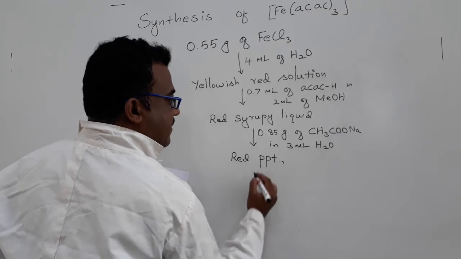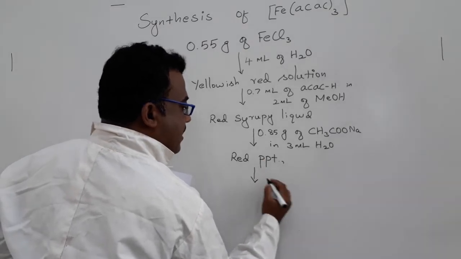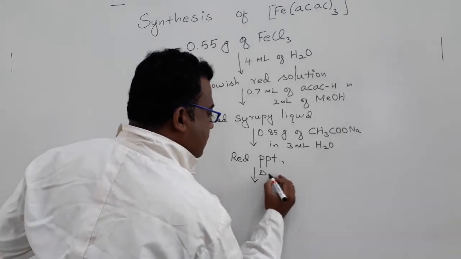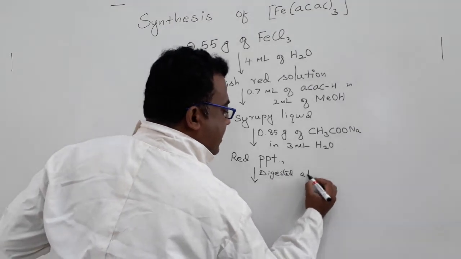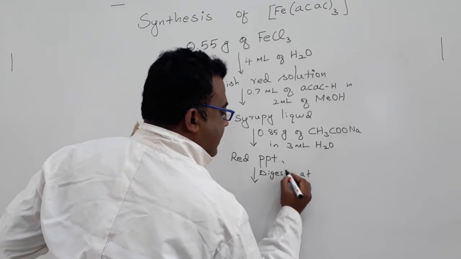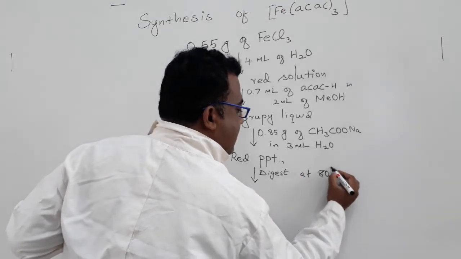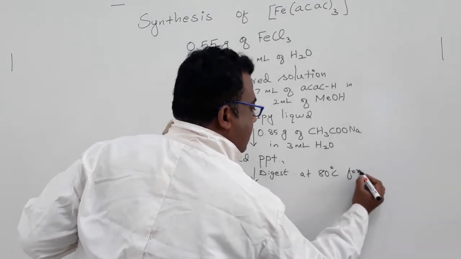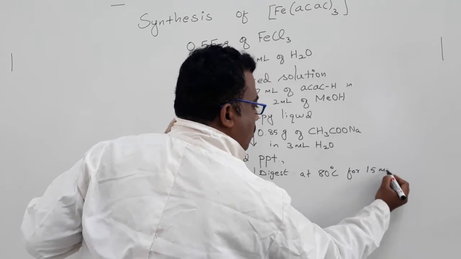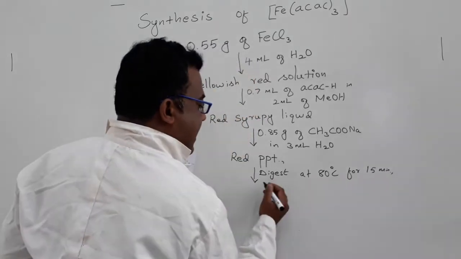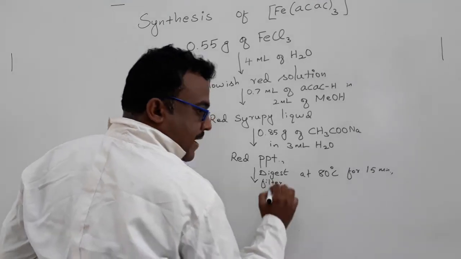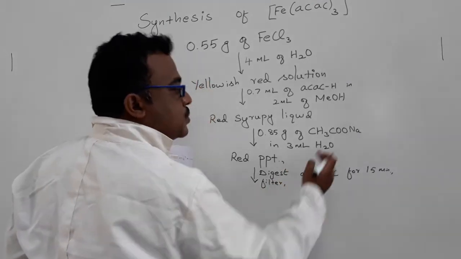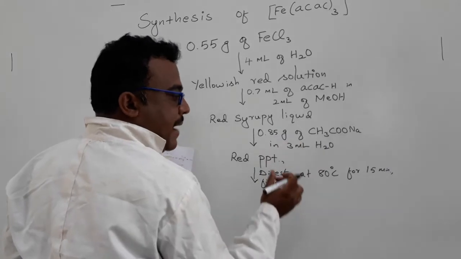This red precipitate needs to be digested at 80 degrees Celsius for 15 minutes to make sure the reaction is complete. Then filter, followed by washing with water to remove sodium chloride as a byproduct.